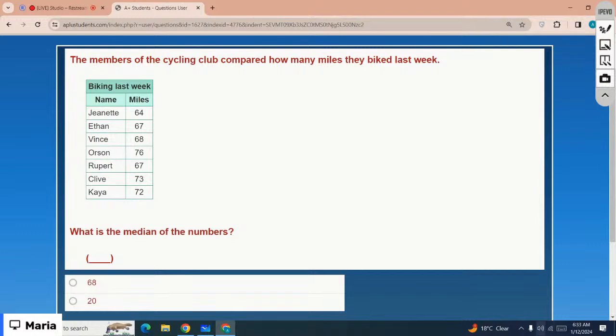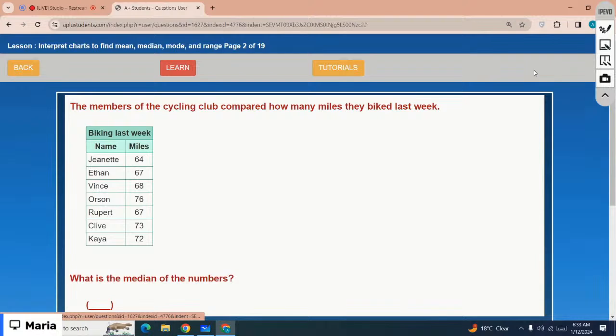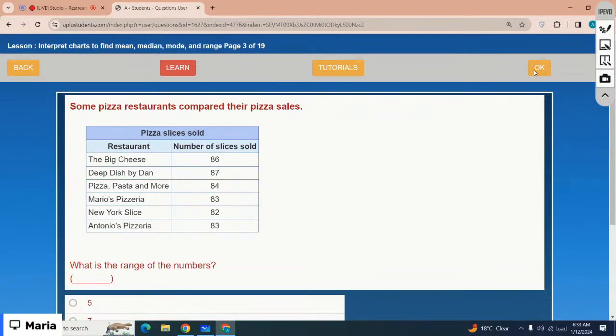The correct option is 68. Very good, that is 68. It is not 64.